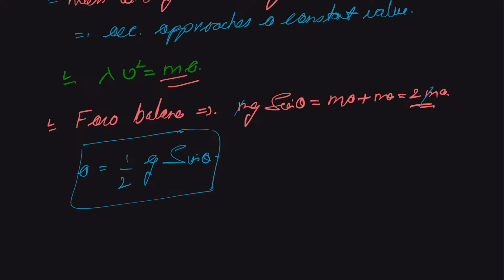In today's part, we saw that a variable mass system need not be in vertical motion; it can also be in horizontal motion.